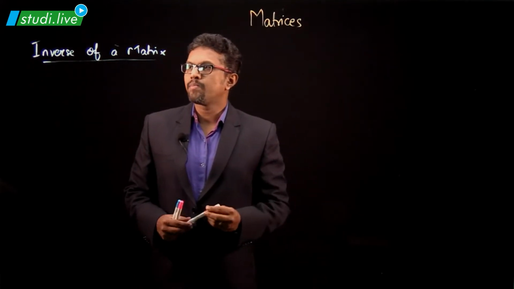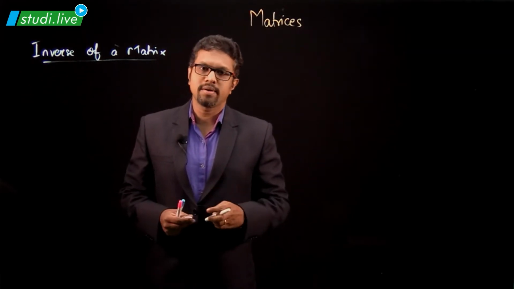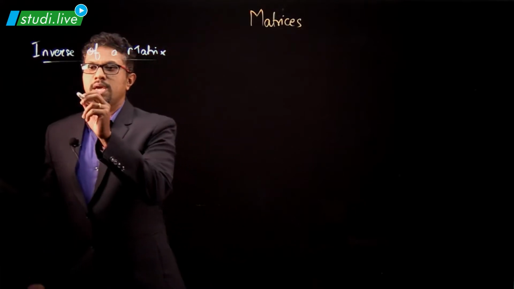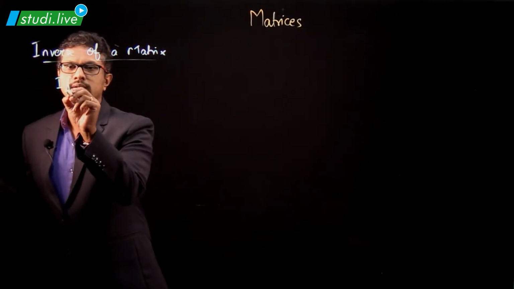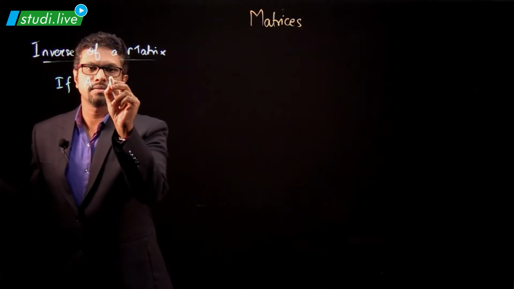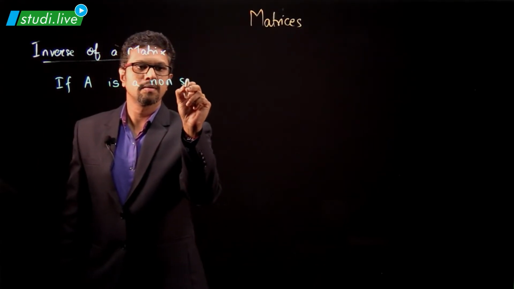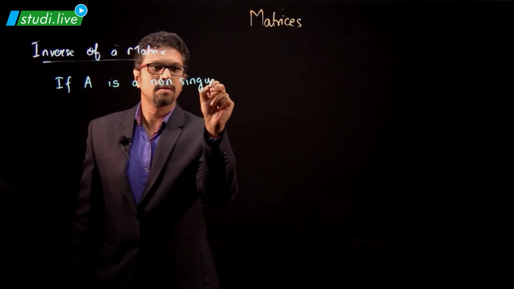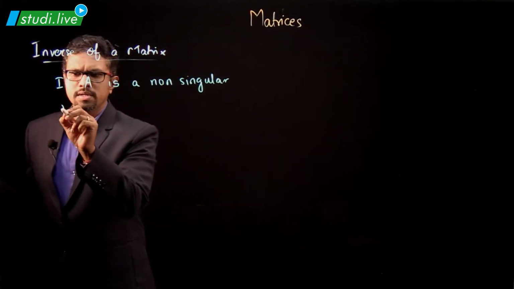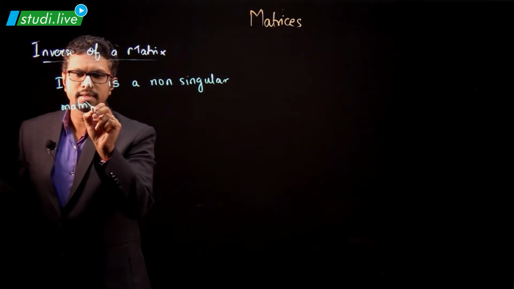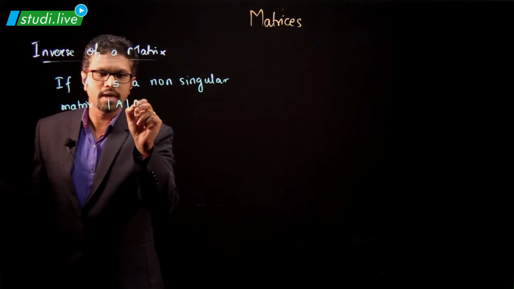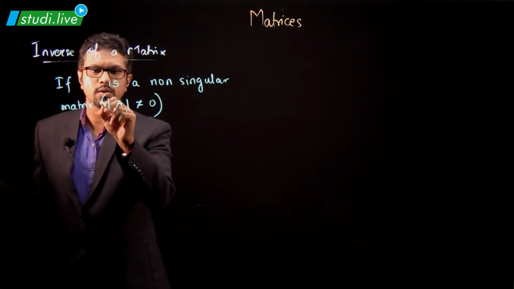So if there is a non-singular matrix given to you, suppose A is a non-singular matrix. What does non-singular mean? It means that the determinant of A is not equal to 0.